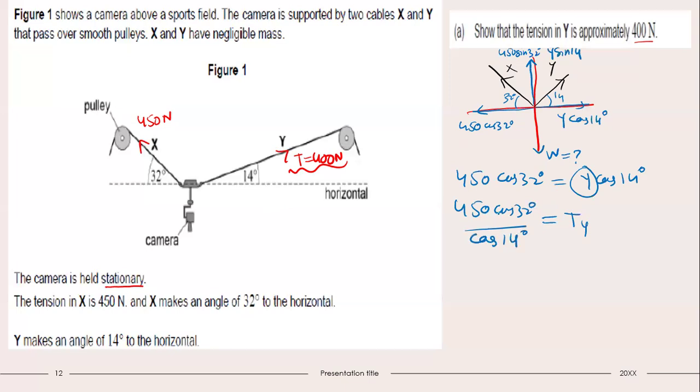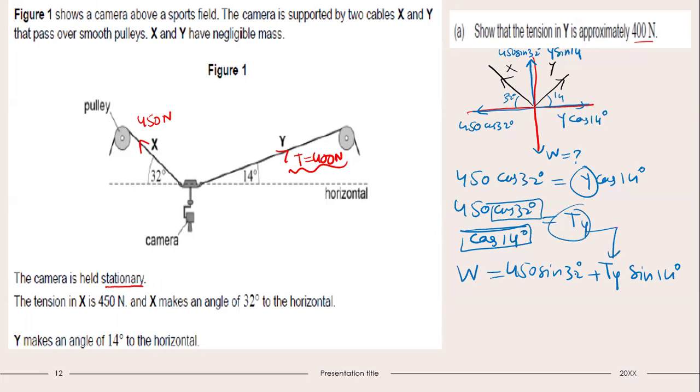Don't cancel the cos, but just take the value of cos 32 and cos 14, and doing this, you can find this TY. Similarly, you can find the weight as well. The weight is equal to 450 sine 32 plus tension in Y sine 14. As you get the tension in Y from there, just put it here to find the weight of the camera.